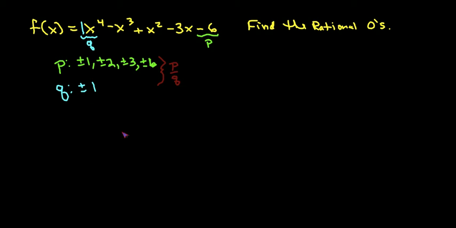And anytime that our lead coefficient is 1, whatever the constant values were for their factors, put them over 1, you get the same things back. So for this one, all of our possible values, plus or minus 1, plus or minus 2, plus or minus 3, plus or minus 6, they're going to be the only possible rational roots.